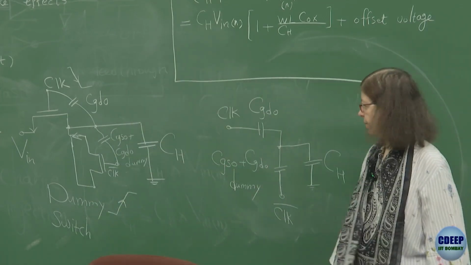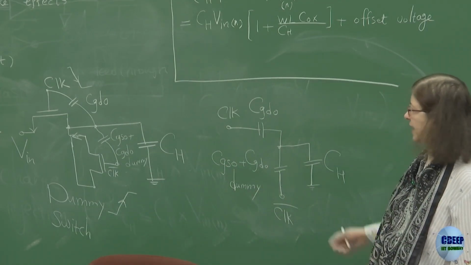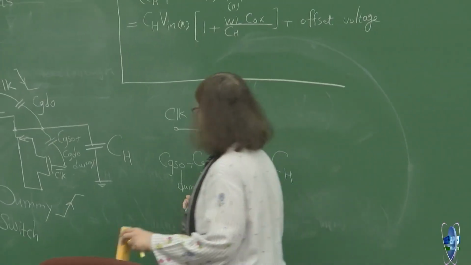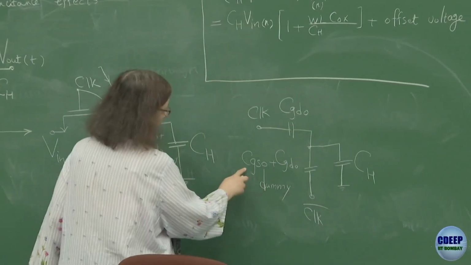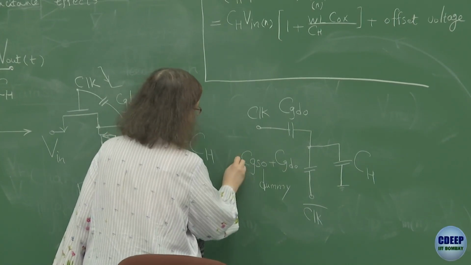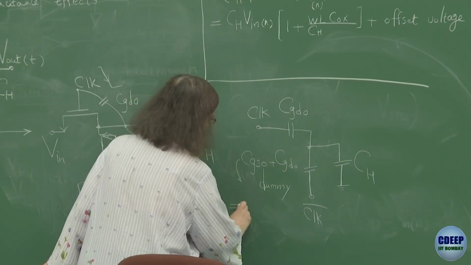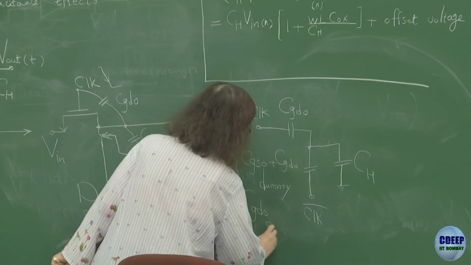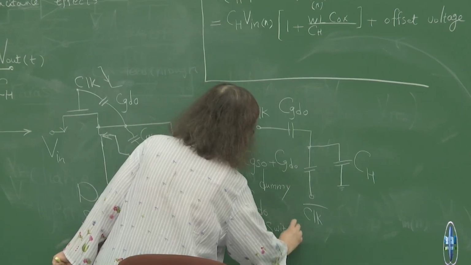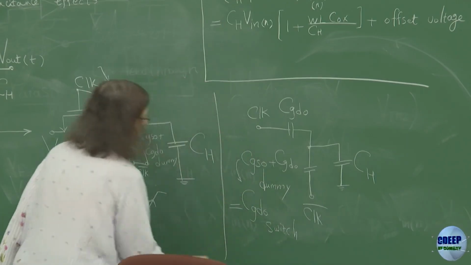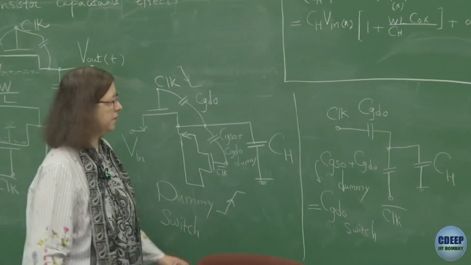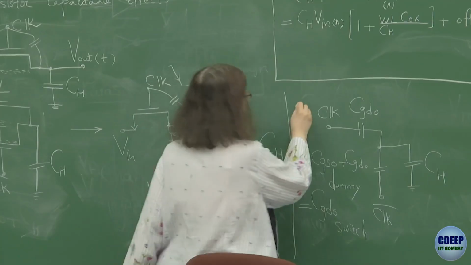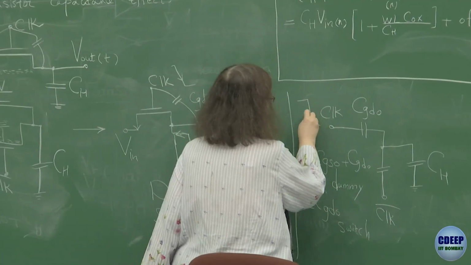Clock bar. And in fact, if the transistors are sized that way, the summation of these two will be equal to CGDO of the switch, if we go with half size. Okay, now you can say what will happen if the clock goes from high to low.